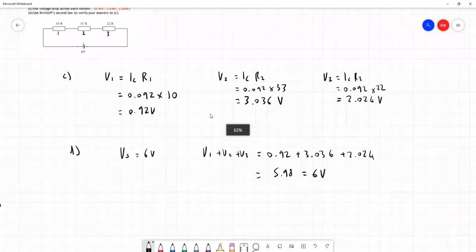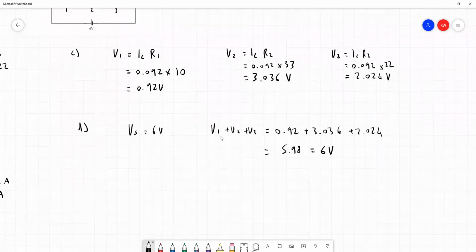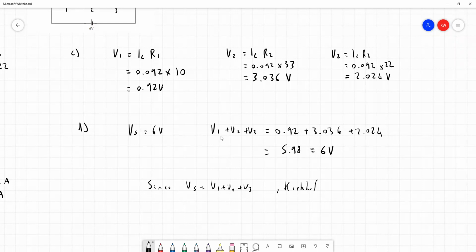So we can say, since Vs equals V1 plus V2 plus V3, Kirchhoff's second law verifies the answers.